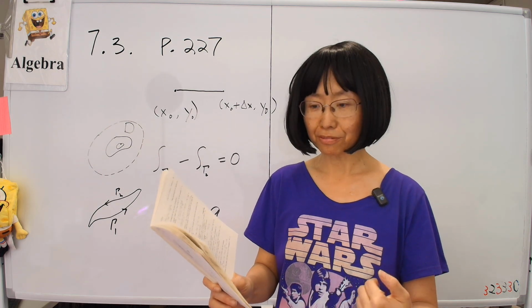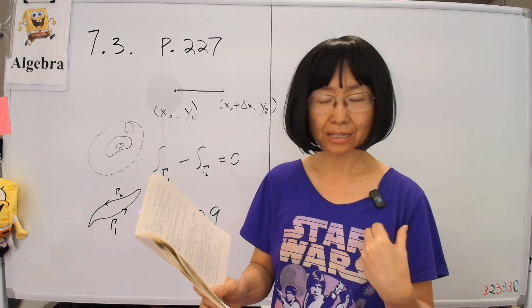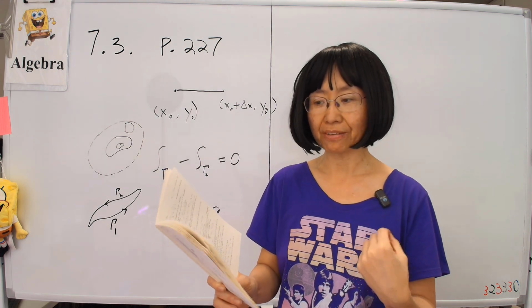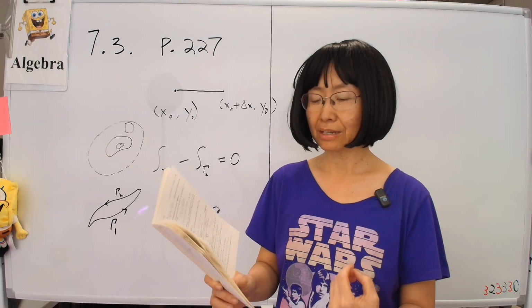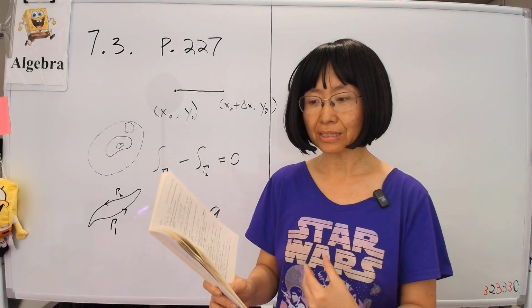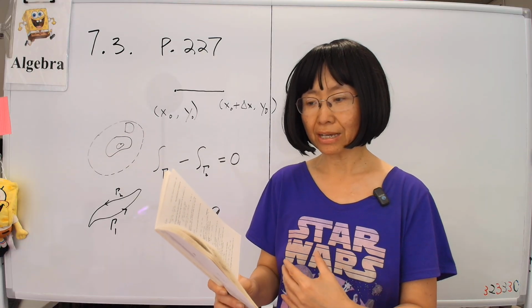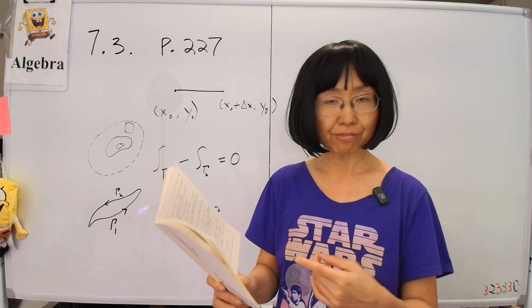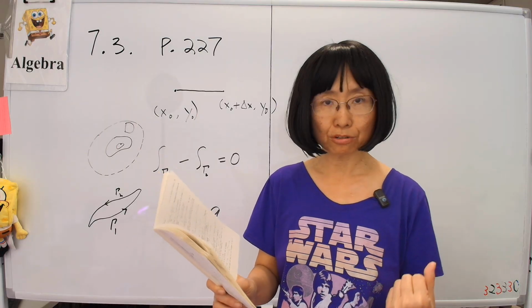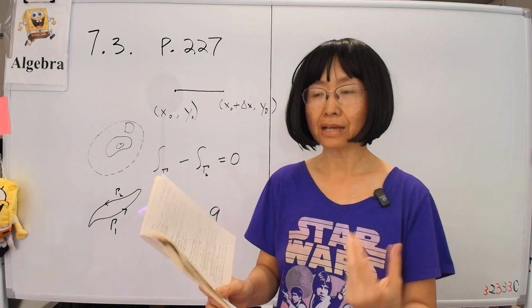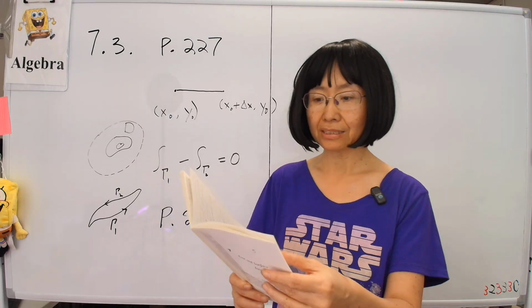And the backwards is also true, that's the if and only if condition: if the integral of P dx plus Q dy is 0 for every closed curve, then Q1 will be equal to P2 in the entire D star.